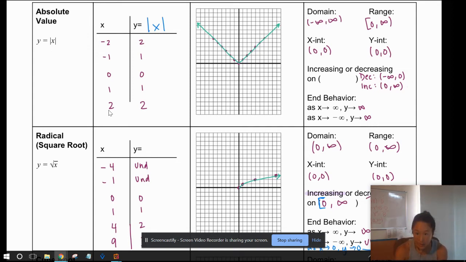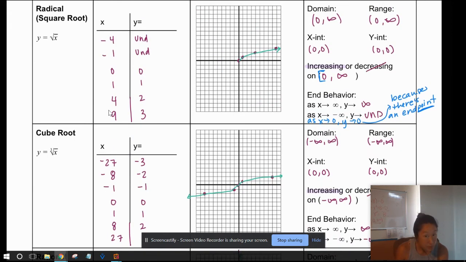So at what x values is the graph decreasing and at what x values is the graph increasing. The end behaviors, because it's a V shape and it decreases and then increases, both arms are going to go up, rise towards y is equal to infinity. Actually, it can't equal infinity, but it goes that way. Okay, square root function.